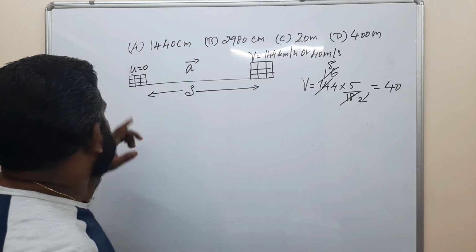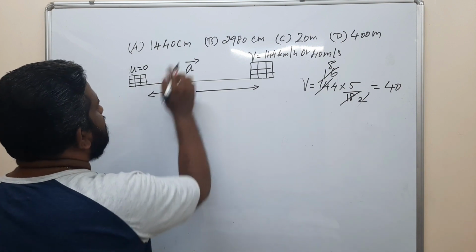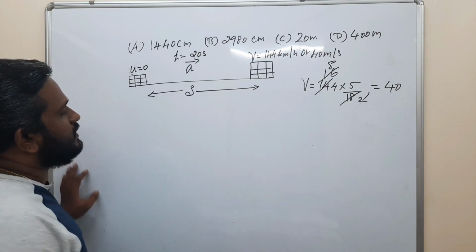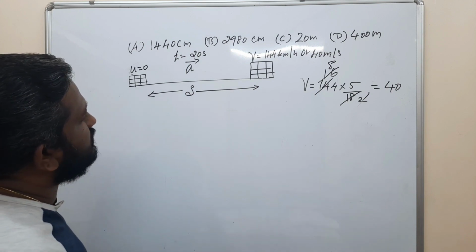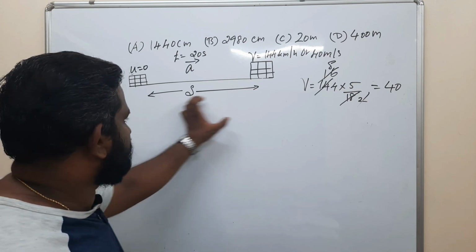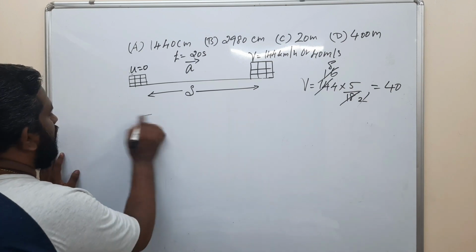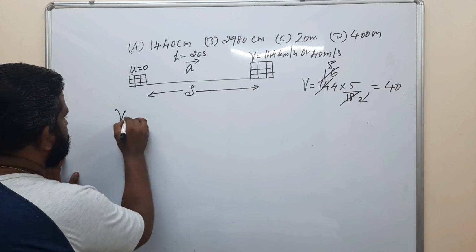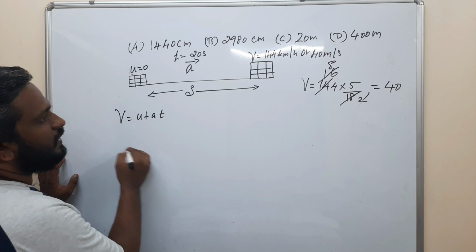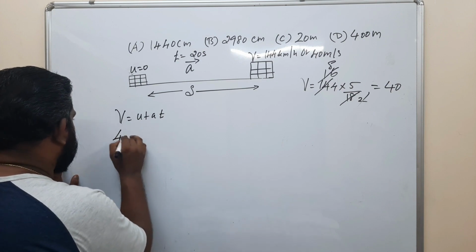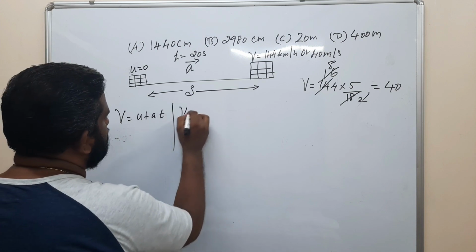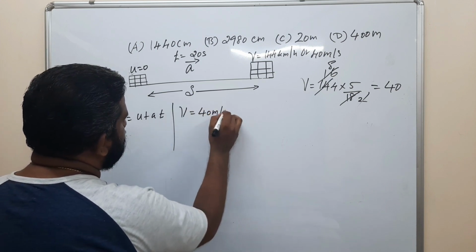So it covers a distance of s meter in time t is equal to 20 seconds. The distance covered by the object we have to find out. I am using the kinematic equation v is equal to u plus at. What is the final velocity? v is equal to 40 meter per second.